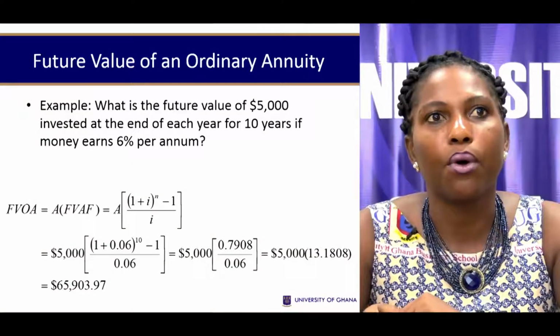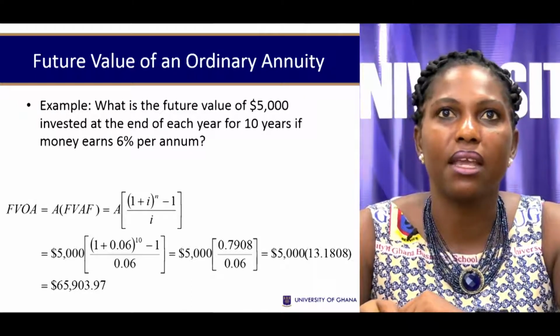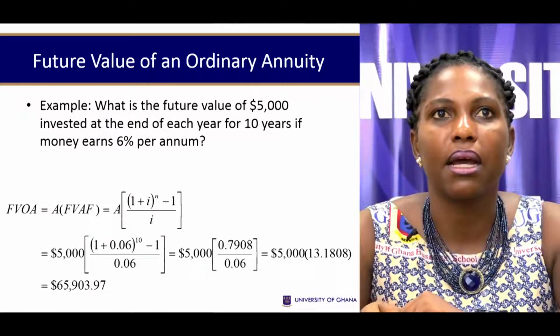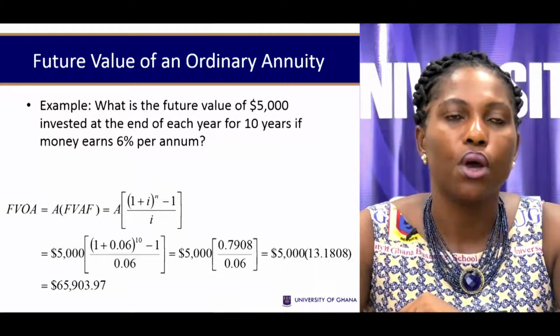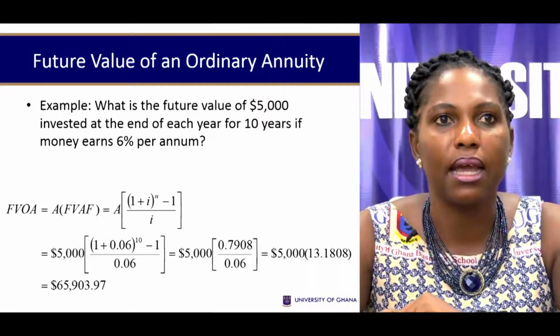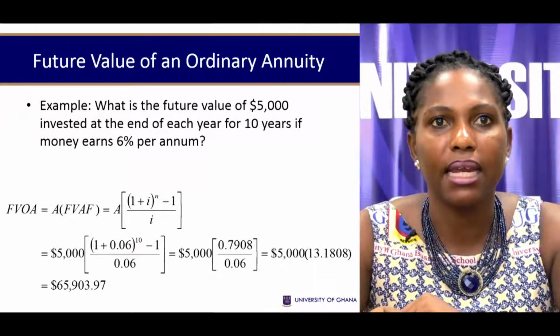Now, this is an example where you have 5,000 that you'll be investing every year for 10 years, and the money is going to be earning 6% per annum. So what do you do? Put in the 5,000 here in the constant slot. You'll be earning 6% for 10 years, and then you fix that into the formula.